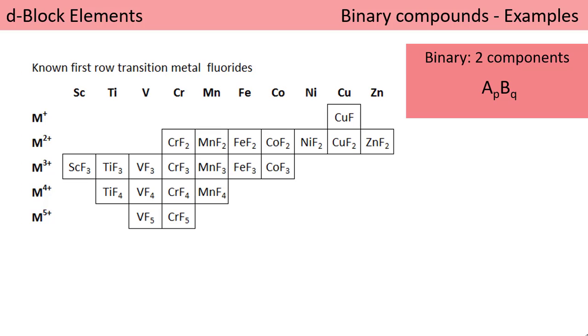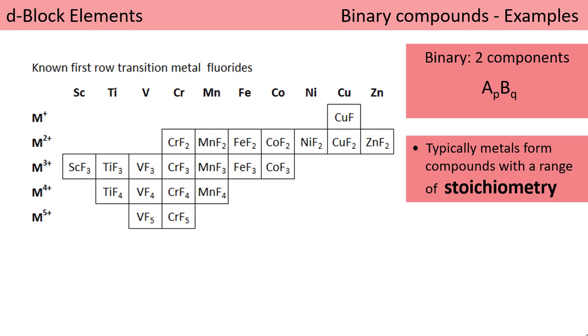But for other elements, there are many distinctly different compounds. Look at chromium. There's a chromium difluoride, a chromium trifluoride, chromium tetrafluoride, chromium pentafluoride. So here, the chromium ion seems to exist as a +2, +3, +4, or +5 cation.